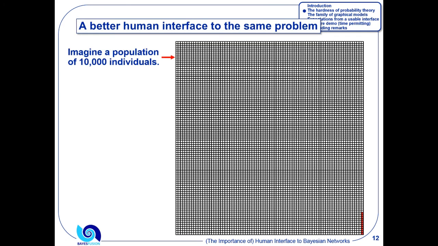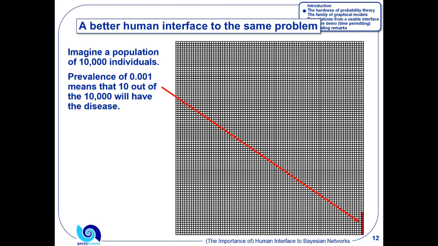So here is another explanation of the calculation that I did for the syphilis problem. Imagine that we have a population of 10,000 individuals. Out of the 10,000, exactly 10 should have syphilis, and 9,990 should be healthy, the other ones.